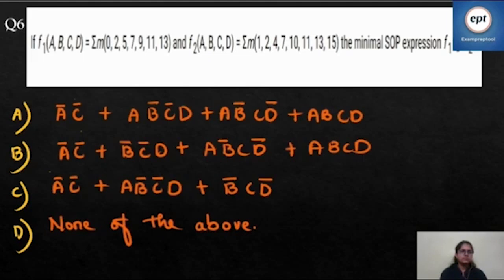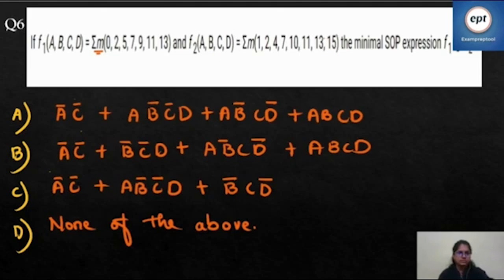Okay, so let's see the question first now. Function 1 is given as a b c d, and the min term expression is given as 0, 2, 5, 7, 9, 11 and 13. Function 2 is given as a b c d, and again the min term values are given as 1, 2, 4, 7, 10, 11, 13, 15.